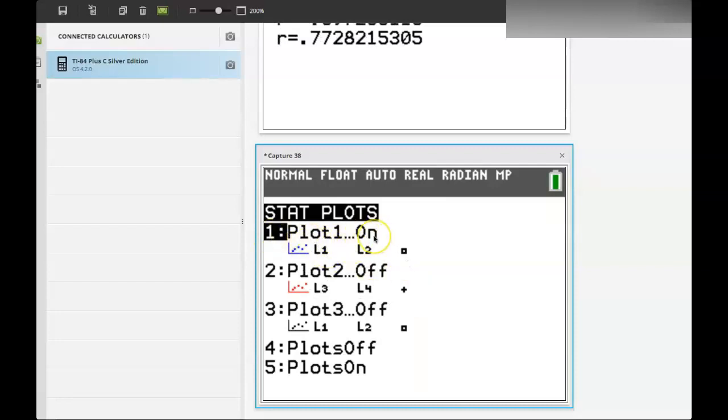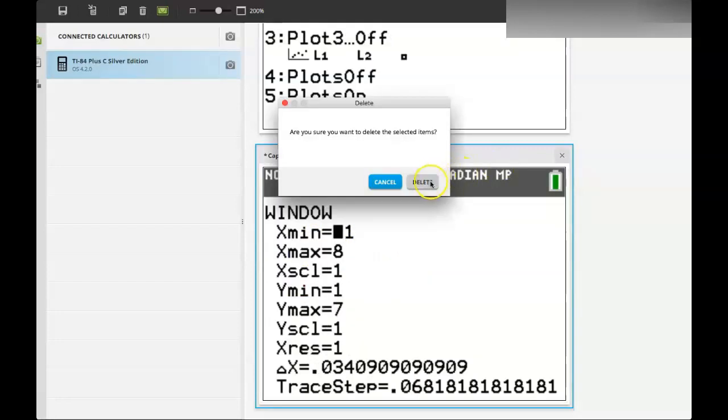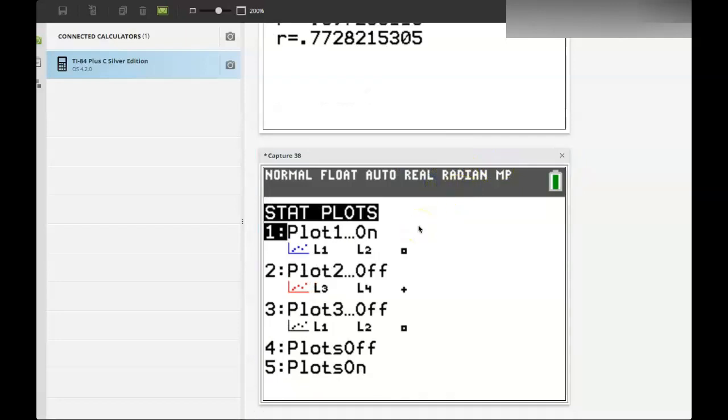So that one, we want to have that one on. Now choosing window to enter all these numbers.